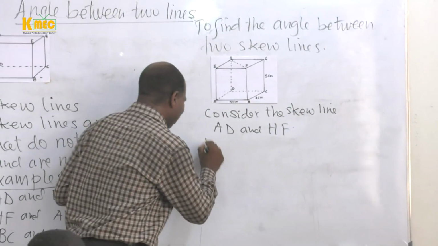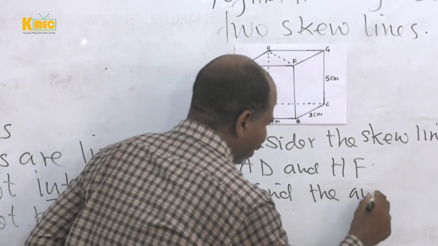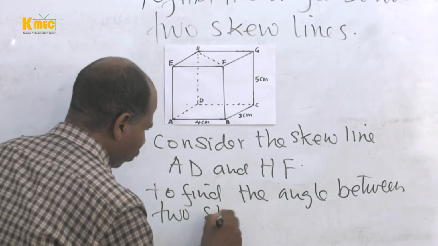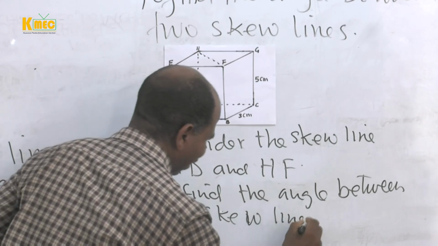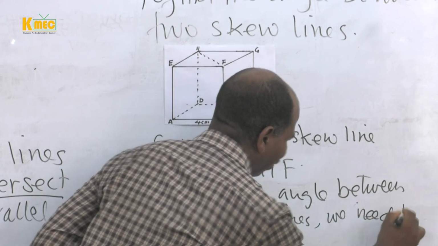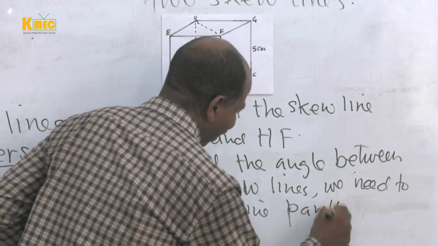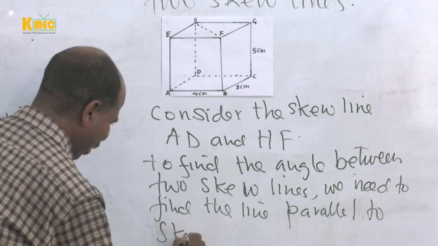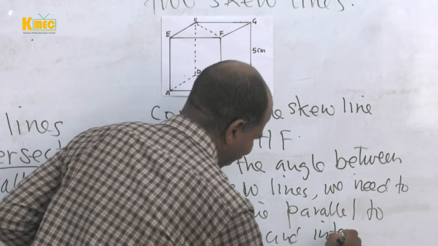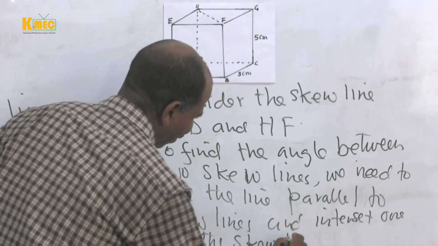Now to find the angle between two skew lines, we need to find a line parallel to one of the skew lines and that meets or intersects the other skew line.